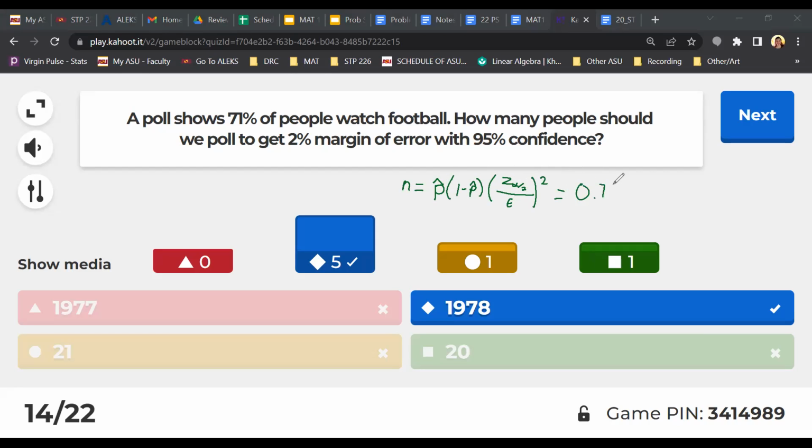So 0.71 times 1 minus 0.71. And does anyone have that z-score for 95%? 1.65 in the chat.